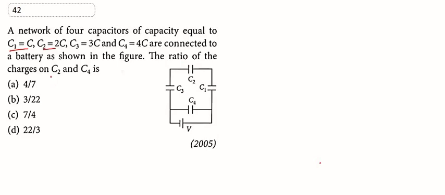The ratio of C2 and C4 is asked, so we have to find out the ratio. Let's see the solution for the problem. First, C1, C2, C3: these three are connected in series connection. So 1 by C equivalent is equal to 1 by C plus 1 by 2C plus 1 by 3C.